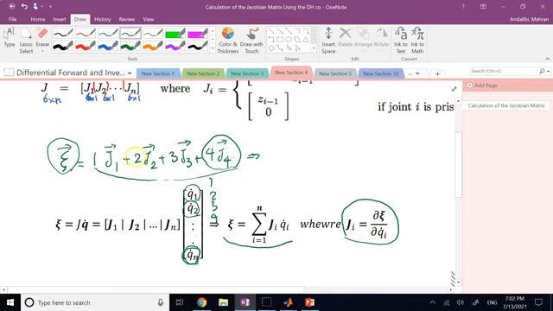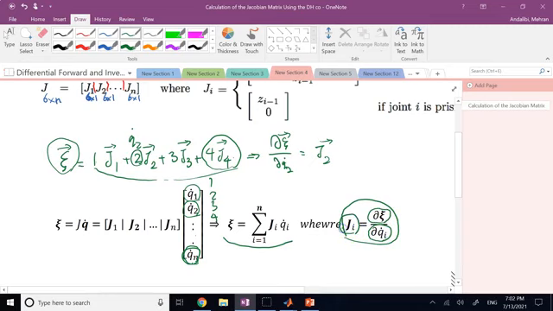So take the partial derivative of zeta with respect to Q2 dot. What's the result? Of course, the coefficient of it, which is J2, correct? And again, here it clearly tells you the meaning. The change in zeta per change in what? The joint velocity.